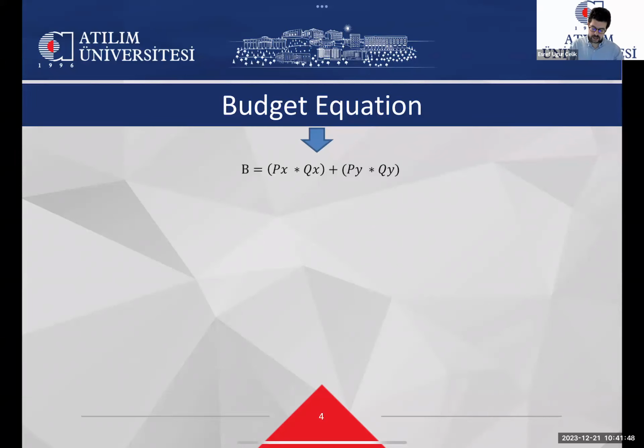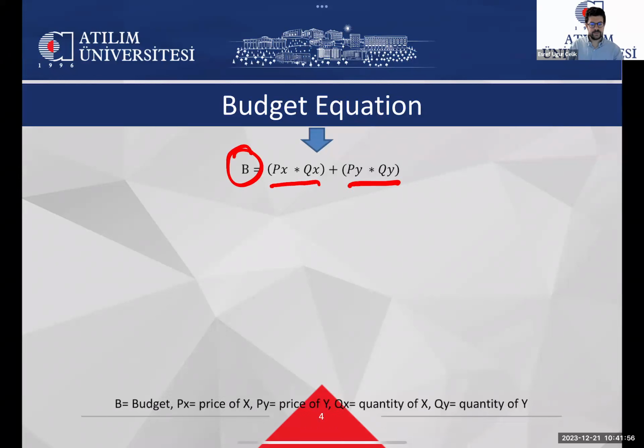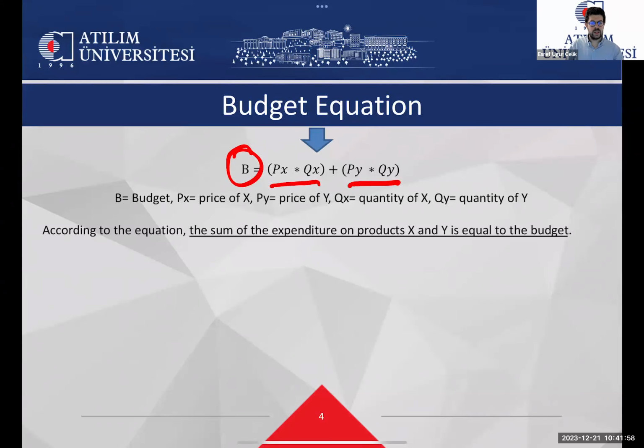That's why our expenditure on X and expenditure on Y equal our budget. Okay. So that is the budget equation.